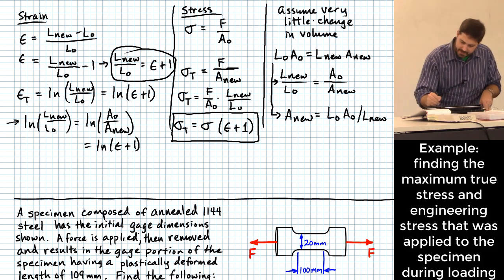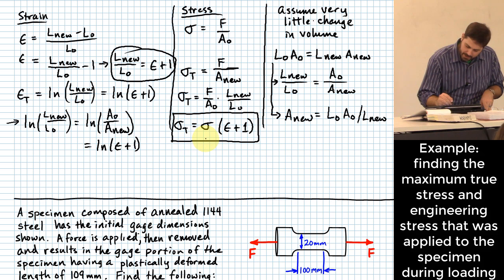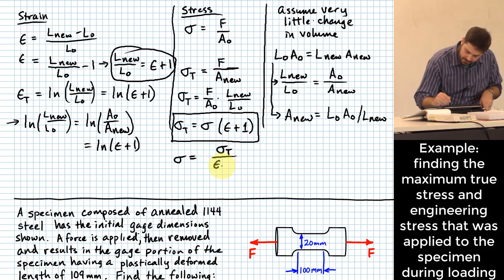That's right. This relationship right here says that if you're trying to get engineering stress, you can just take your true stress and divide by your engineering strain plus 1.